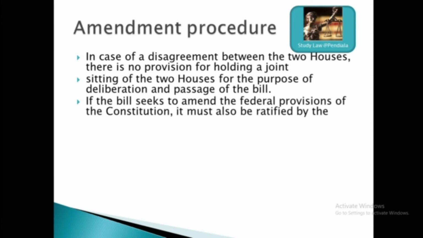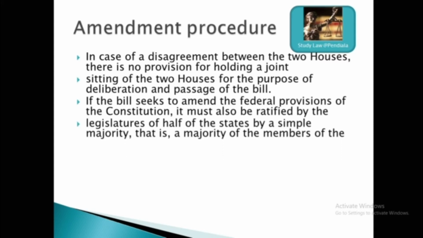If the bill seeks to amend the federal provisions of the Constitution, anything related to the states or state-related subjects, it must also be ratified by the legislatures of the states by a simple majority, that is, a majority of the members of the house present and voting.